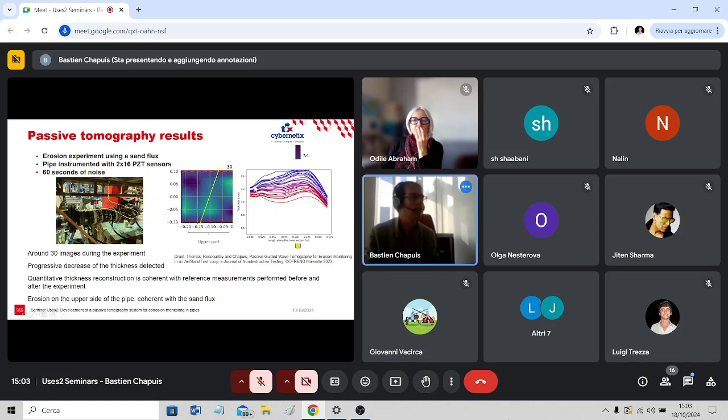The blue is the cross section at the beginning of the experiments, and with time you can see the thickness reduction in this cross section. So we can very precisely monitor the thickness reduction due to the sand, fully in passive using passive measurement.